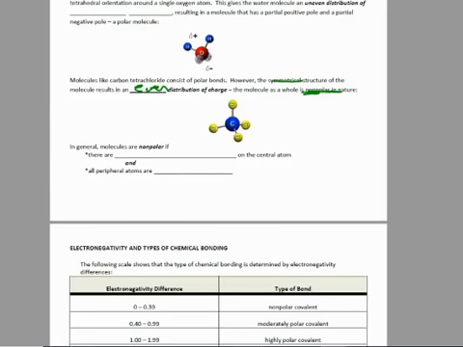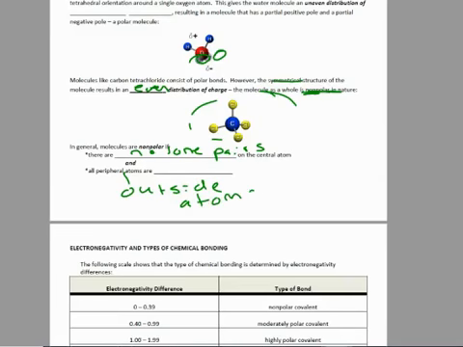So in general, molecules are non-polar if there are no lone pairs, like these lone pairs that are on top of oxygen. If there are none of those, as in this one, or if all the peripheral atoms, all the atoms on the outside, that's what peripheral means, are the same element.